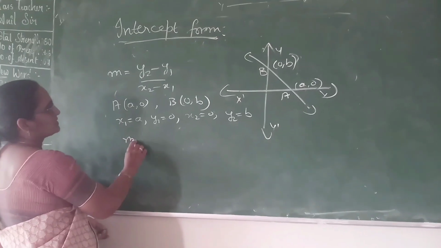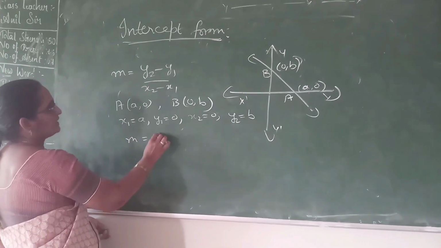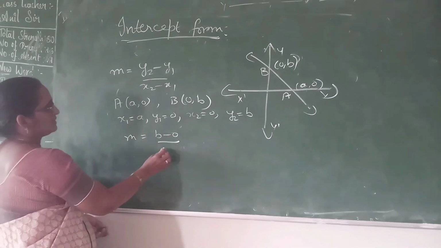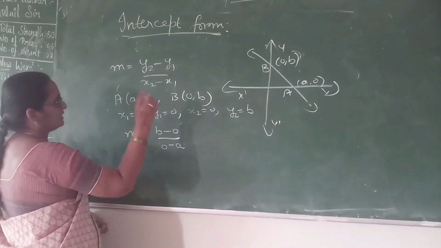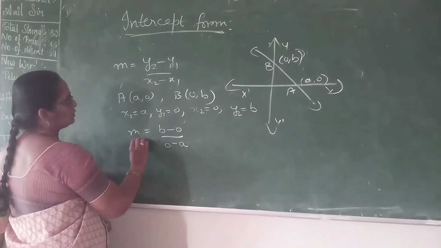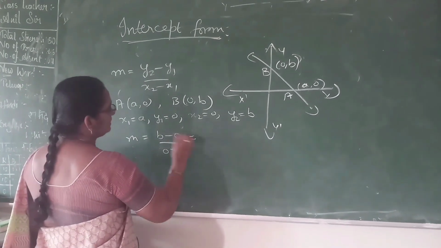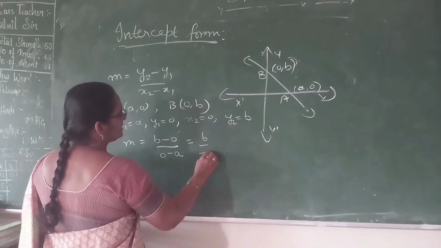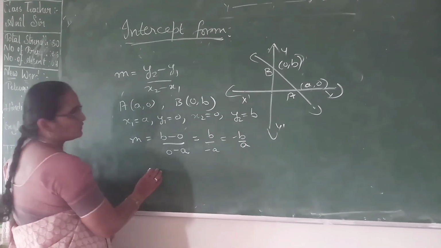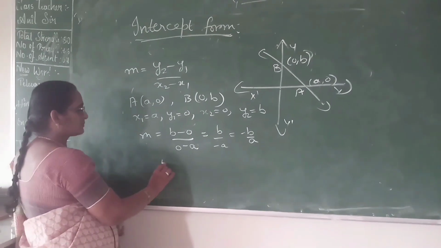Substitute here. M is equal to y2 minus y1, b minus 0, by x2 minus x1, 0 minus a. So, what you are getting here? B by minus a, which is equal to minus b by a. Now you apply the formula for slope intercept form.